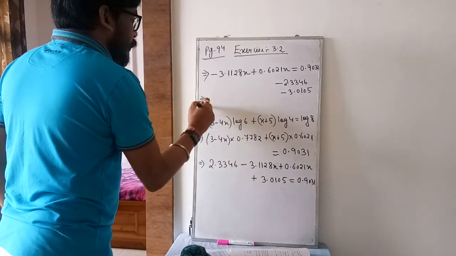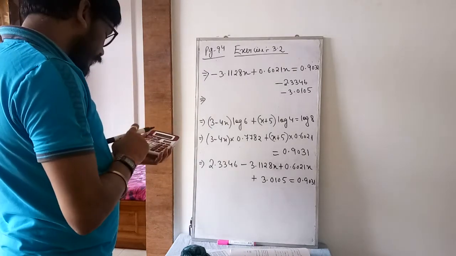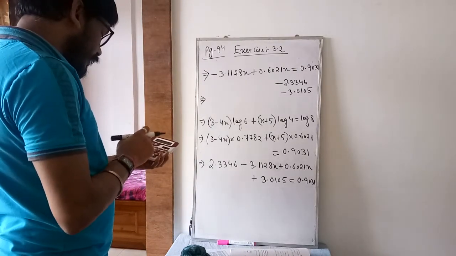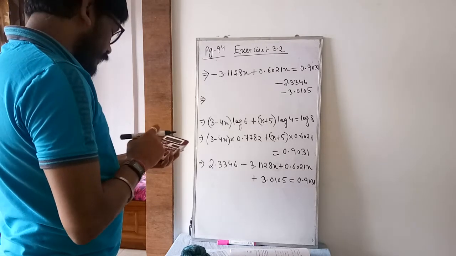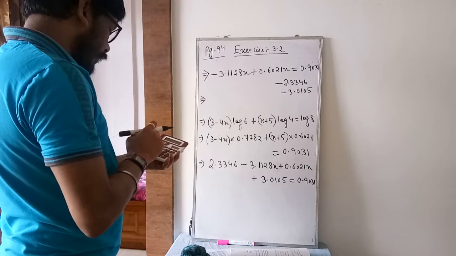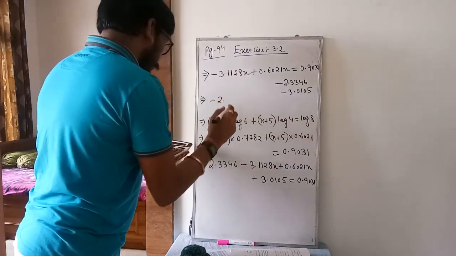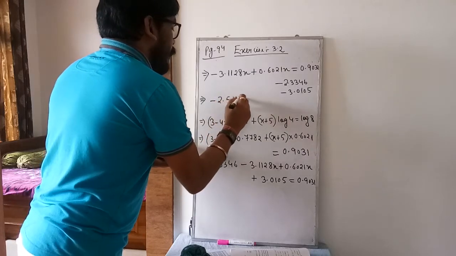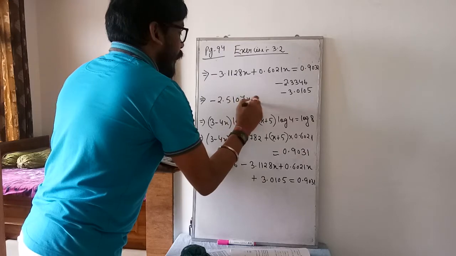So let me do the further calculation now. It is 0.6021 minus 3.1128, so it is minus 2.5107x.